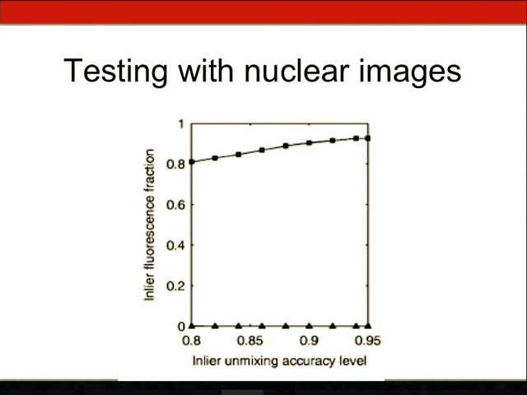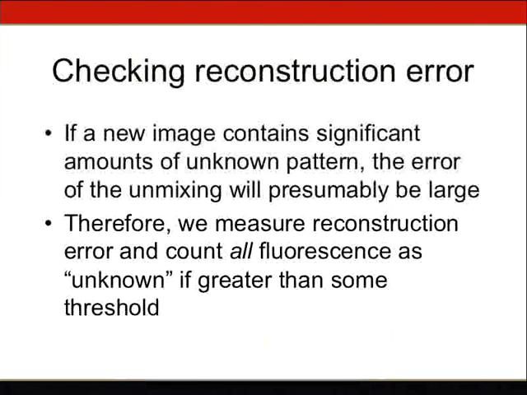But here it shows for a third pattern, which is actually nuclei, that we can reject all of the nuclei, the nuclear pattern, as being rejected. So none of these nuclei are considered to be a member of the known patterns. Okay, so that worked reasonably well.